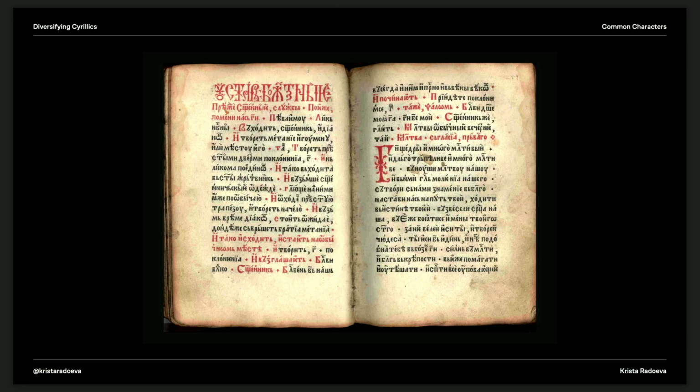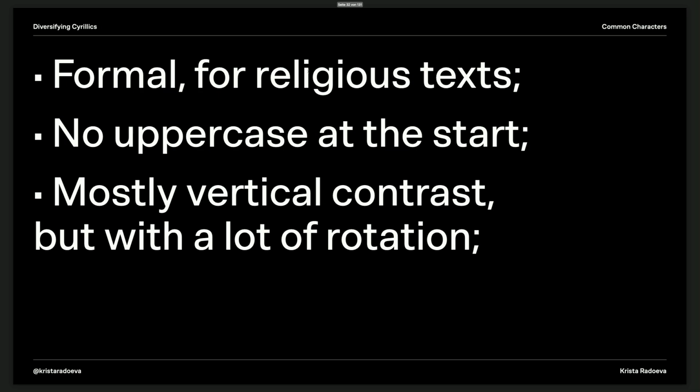For many, many decades, this is how Cyrillic looked. It was just in religious books, kind of formal. There's no uppercase, no vertical contrast, lots of accents.